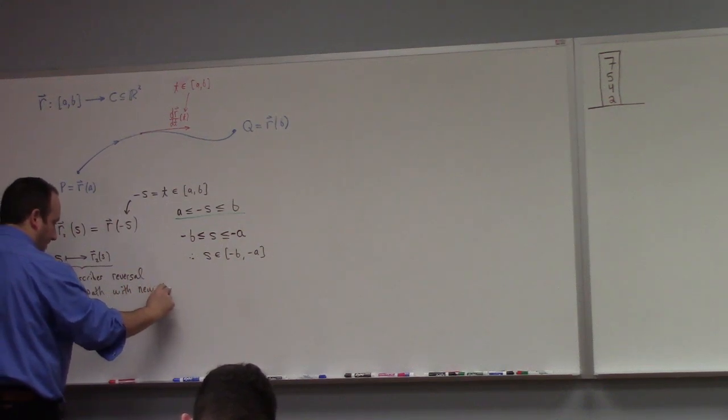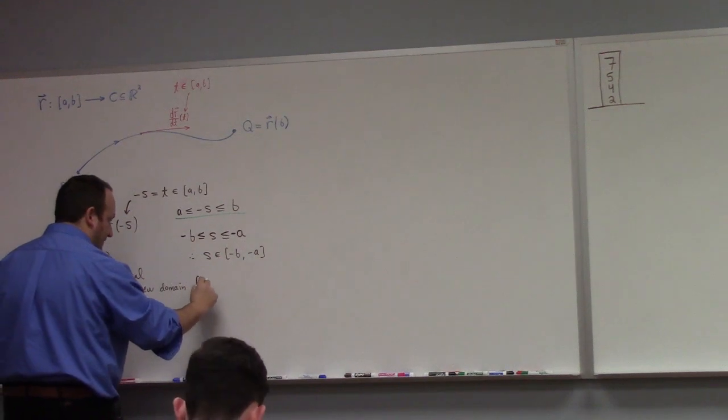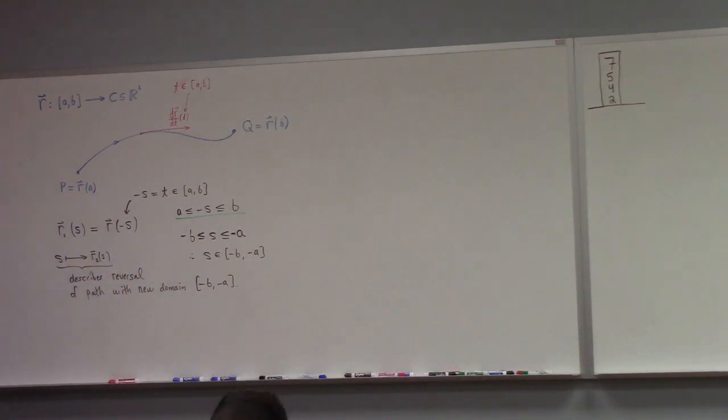What's the new domain? Minus b to minus a. Now, I've had some conversations with a couple of you about this problem where I've used t for both the path and the reversal. But it occurred to me, maybe if I introduce another letter for the parameter of the reversal, it might be clarifying. So that's what I'm trying at the moment.